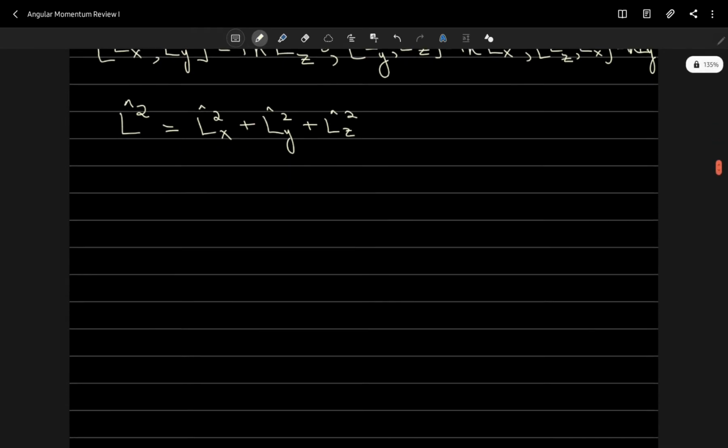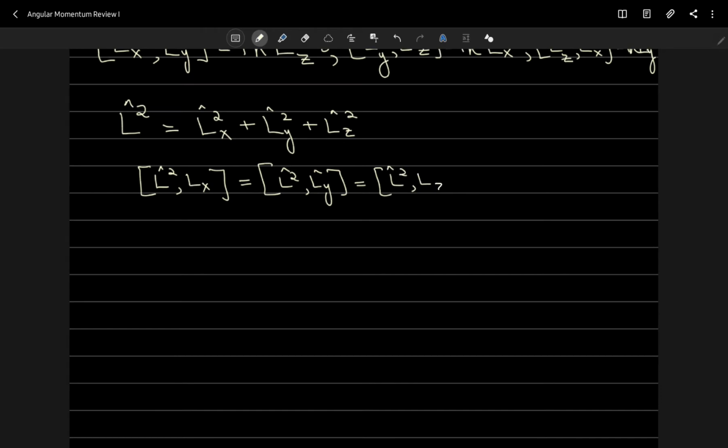Then it turns out that if I take this commutator, that is L squared with Lx, and that is equal to the commutator of L squared with Ly, which is equal to the commutator of L squared with Lz, all of these commutators vanish, so it's 0.